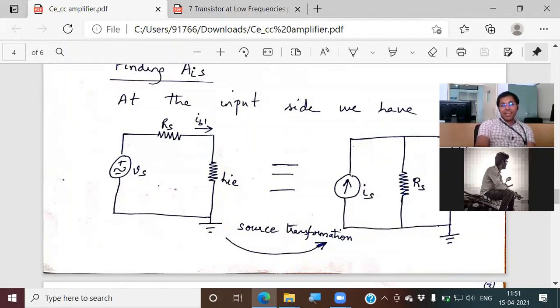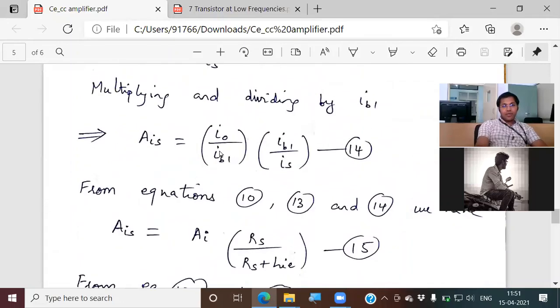So if I analyze this small circuit, I will finish analyzing the overall current gain AIS, considering source resistance. That is the reason we multiplied and divided with IB1, and this is AI.